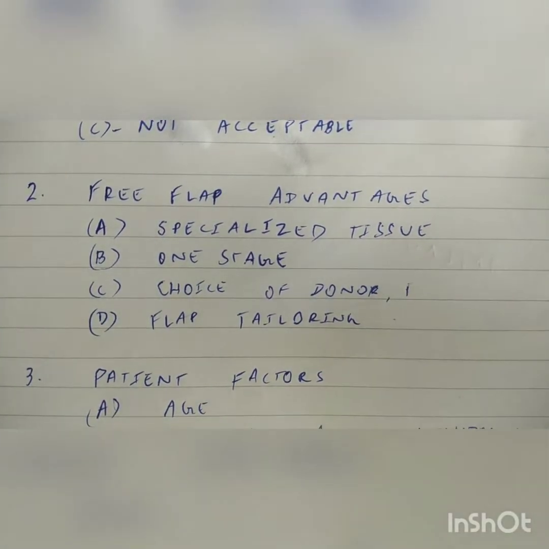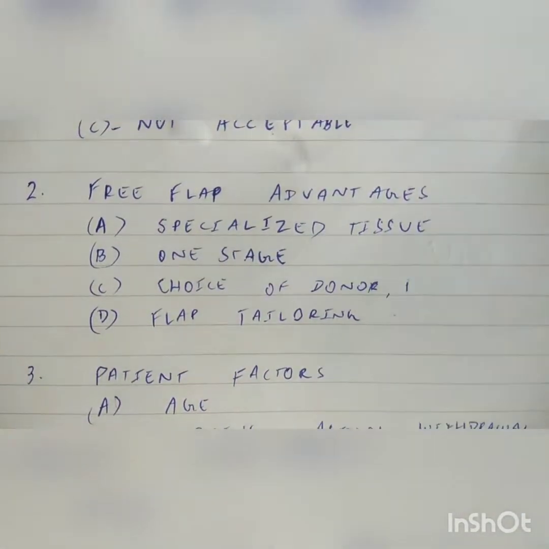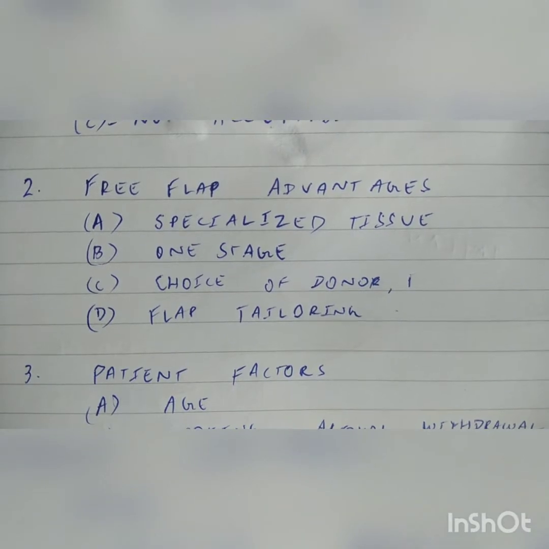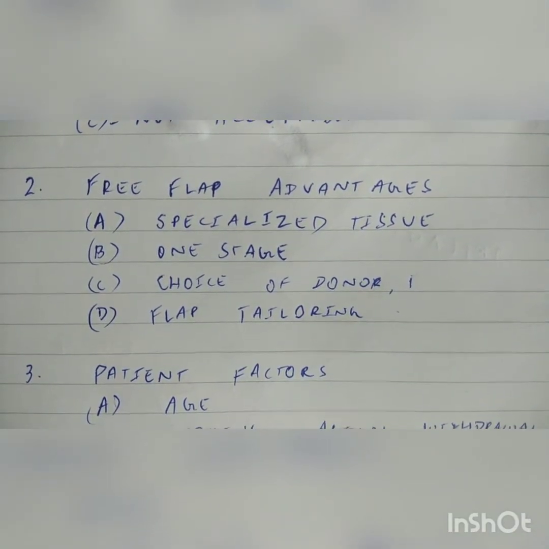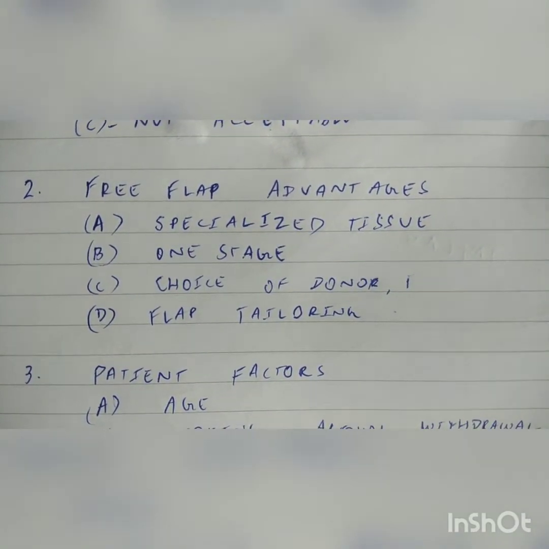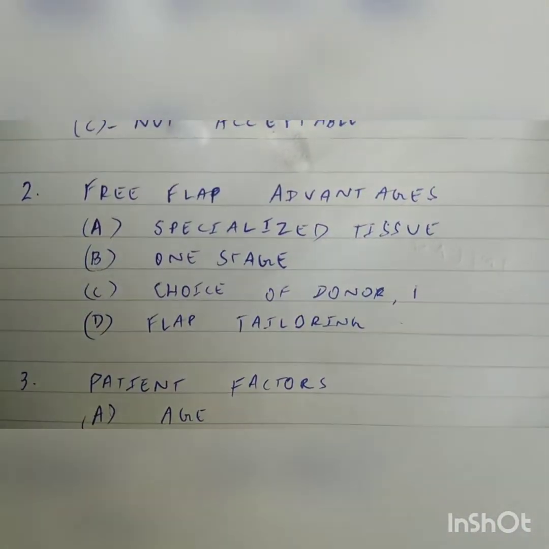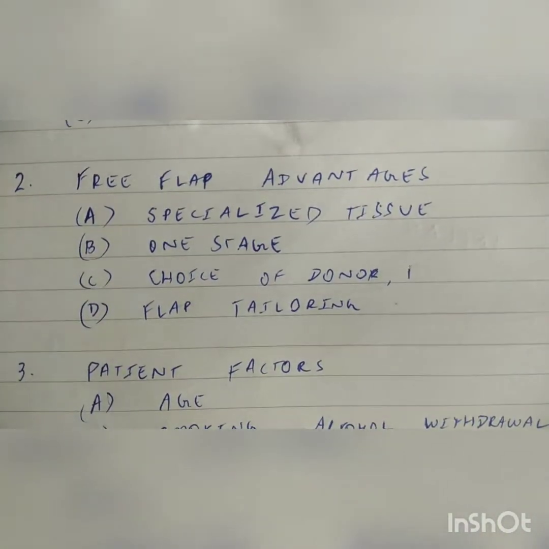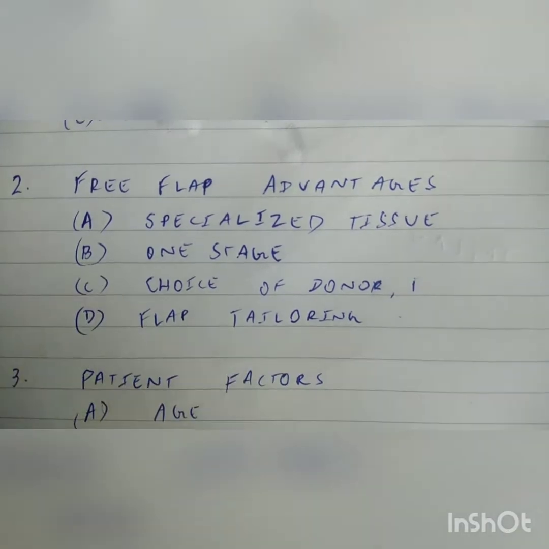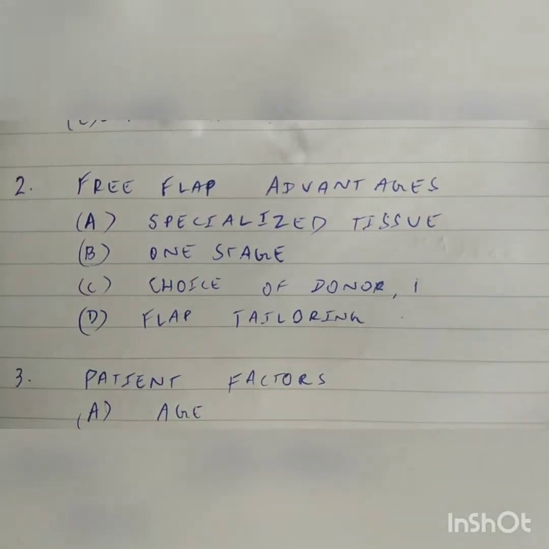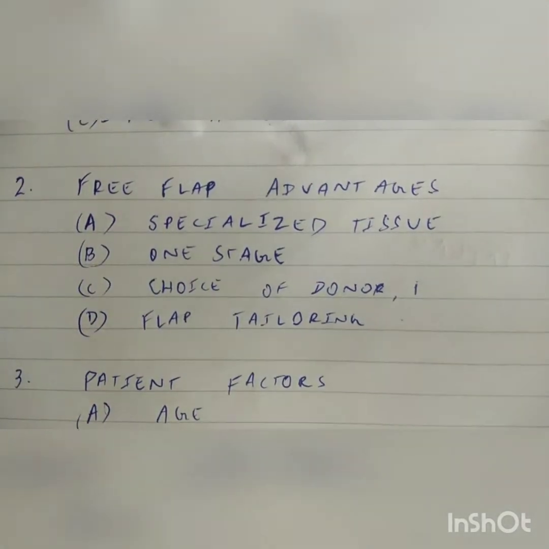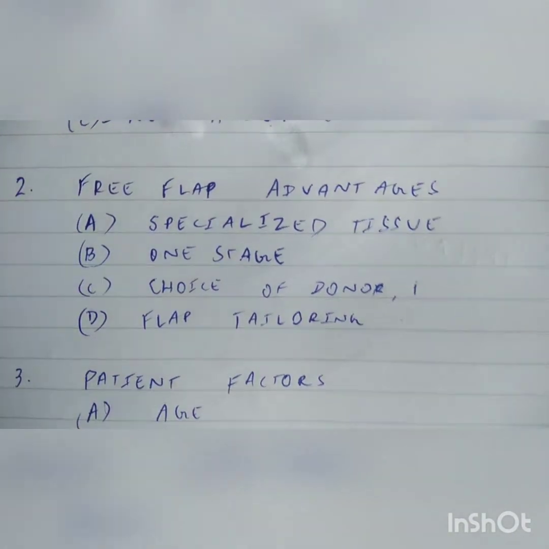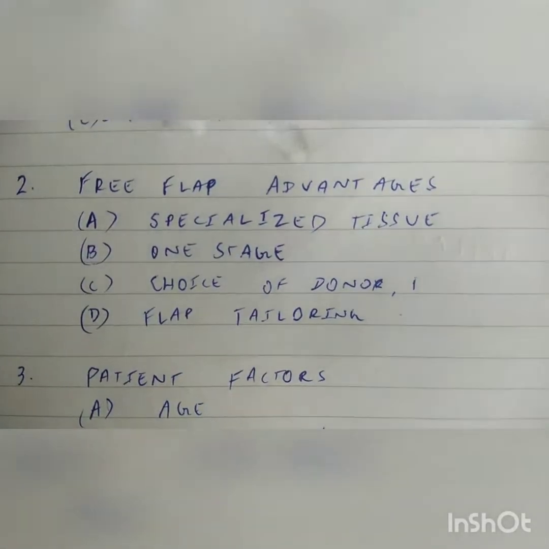Then if you have to do reconstruction of the penis, these are places where you can use a free flap, which is most apt. Then you can even tailor the flap, depending on the characteristics of the defect, the size. You can also have chimeric flaps.